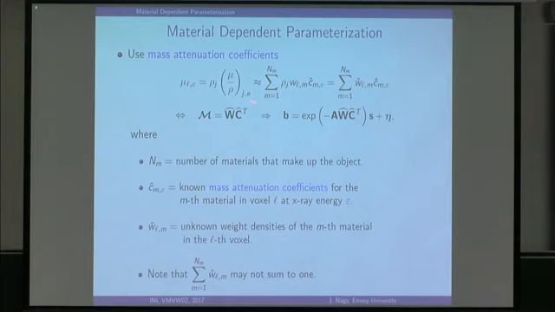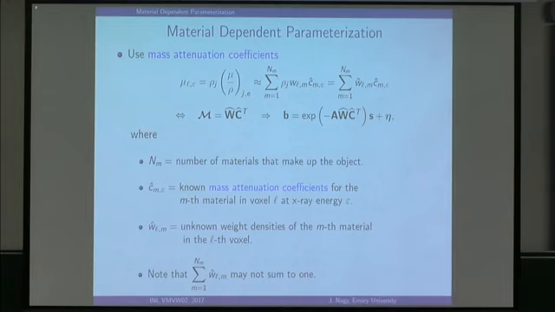Now, in this particular case, it's a weighted sum, and some of these are unknown. I don't know the density of the mixed material, and I don't know the percentage in the object. So when I put these two together, I have this weird weight here.